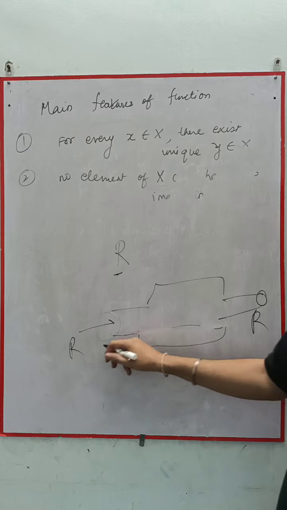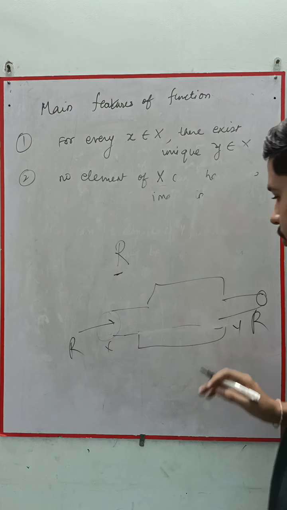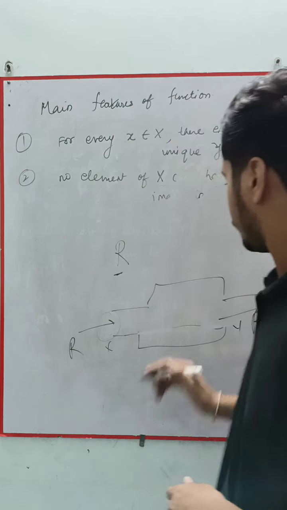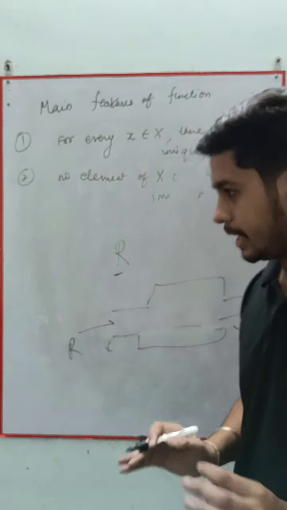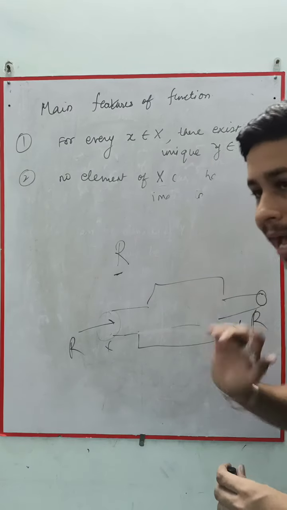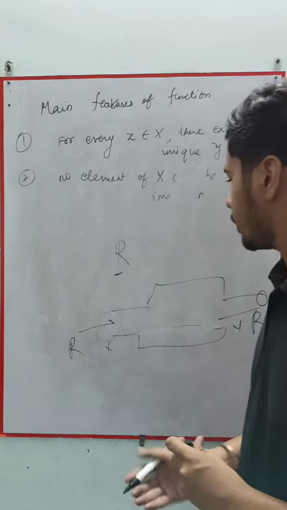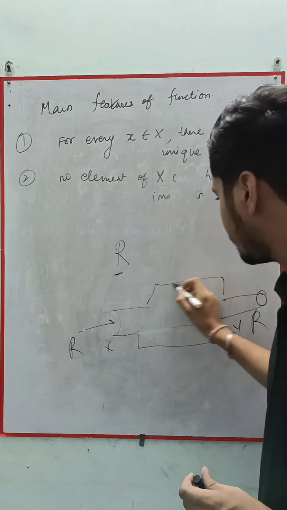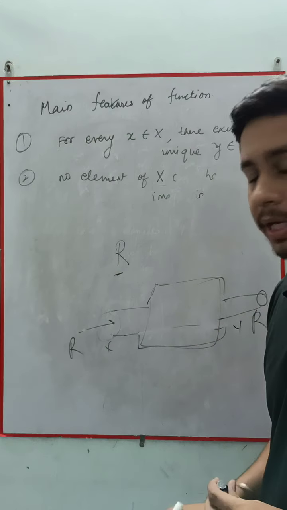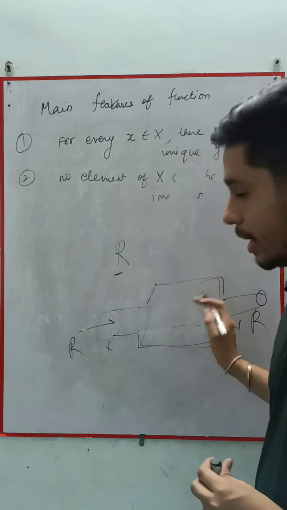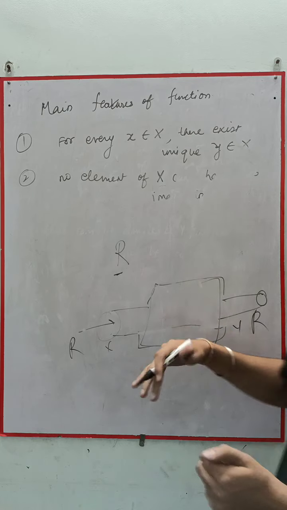So x and y must be real. How to get the real value? If you are giving some input here and you are getting output as a real number, giving a real number in the input and getting a real number in the output, the mechanism which helped make a real value is what they have defined as the real valued function.